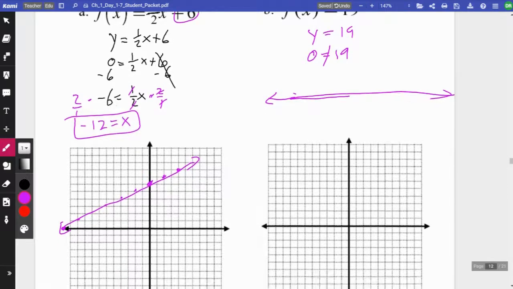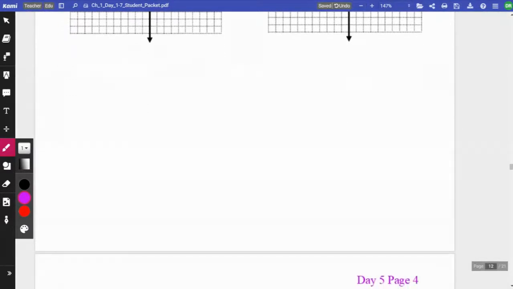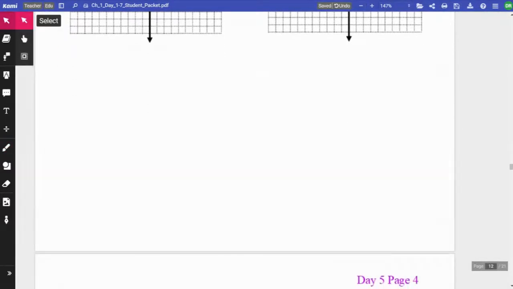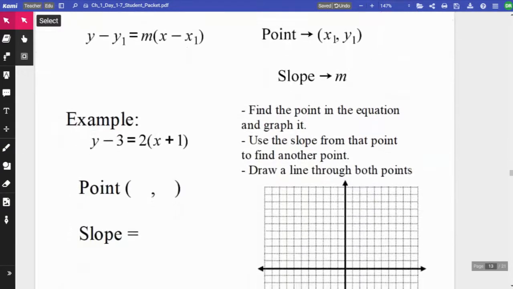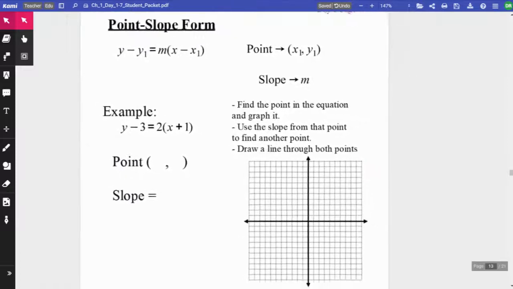And then very briefly, I think we end up talking about this coming up, but as a preview, this is point slope form. Zoom out a little bit here.